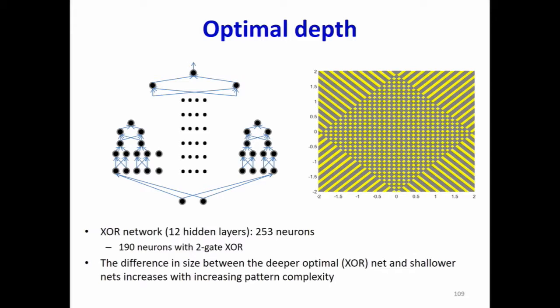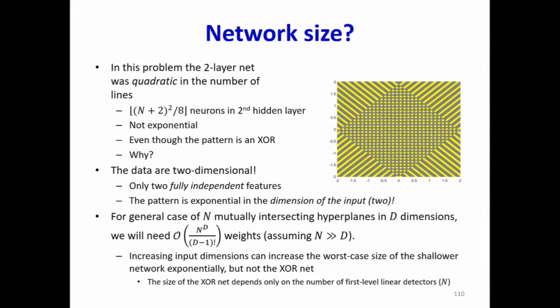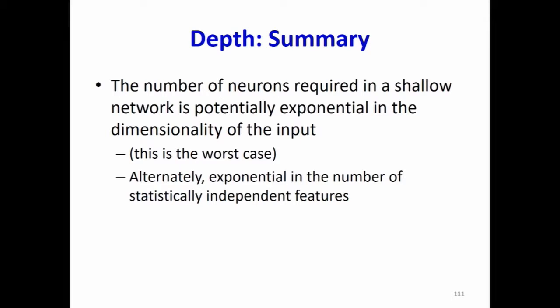Again, we see that depth gives you a lot of benefits, even for functions over low dimensional spaces, as opposed to having a fixed depth network. So skip this here. Now, the number of neurons required in shallow networks is potentially exponential in the dimensionality of the input.